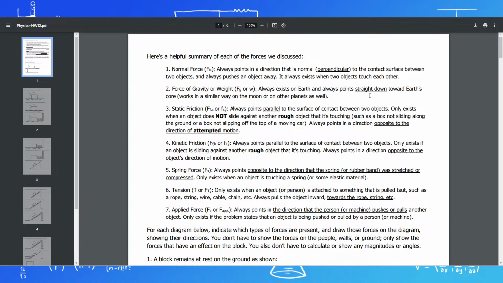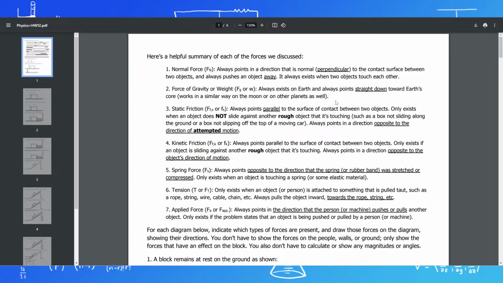And it's always going to be straight down towards the, maybe core isn't the right word to use, but towards the center of mass of whatever is exerting that gravitational force on the object. For our purposes, at least for now, we're just going to be dealing with flat Earth physics.